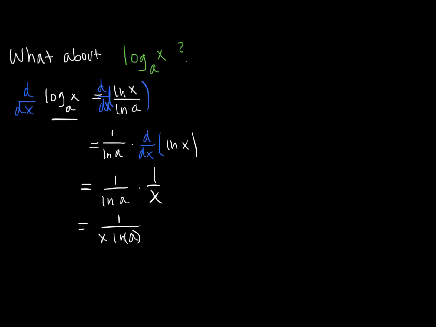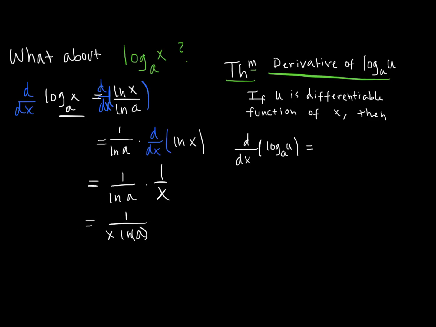And so we can apply this understanding to now if I have log of some different base, and then instead of just having x, I have some function of x, so we'll call it u, and all I'll have to do is multiply by the derivative of whatever this function u is. So let's go ahead and write that down. Okay, so the derivative of log with a different base, so log base a of u, and this is an a, by the way.